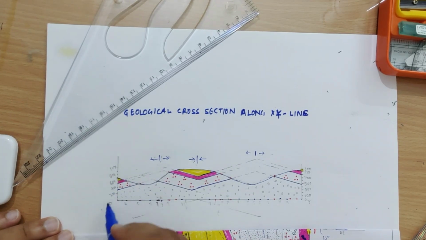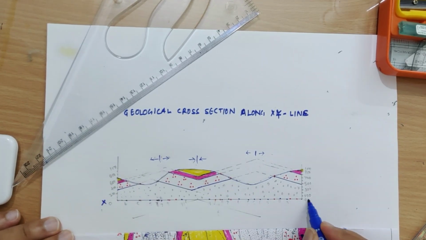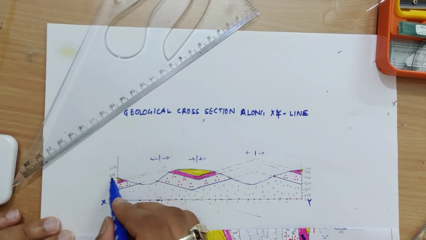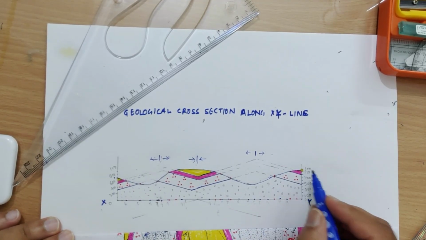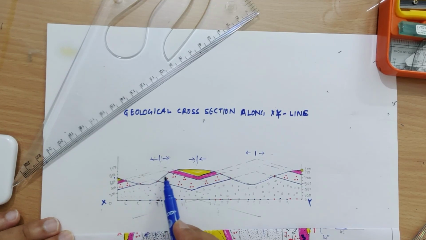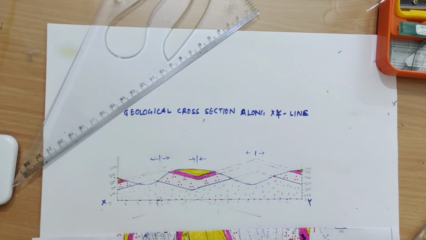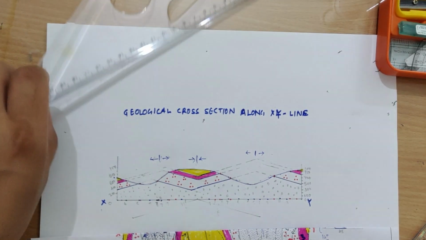So this is actually the XY line, and the real X point is over here and Y is over here, and this is how the shape of the profile varies. So we are done with the cross section.